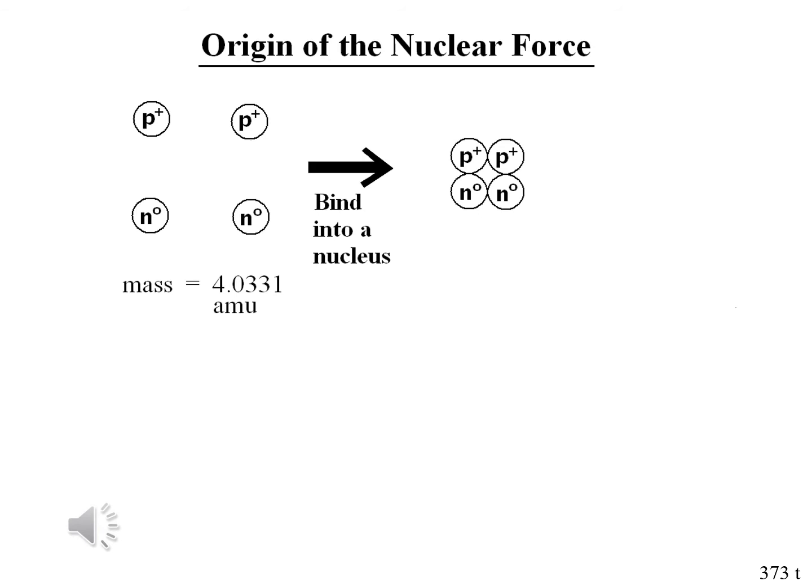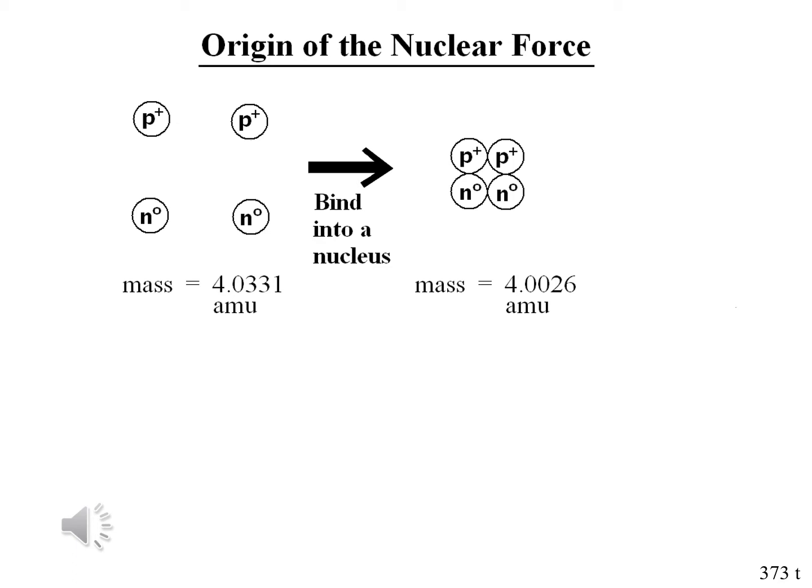Now, if you bind those particles together in a nucleus, you would expect them to weigh the same. Why would they weigh any different just because they're touching? But in a nucleus, that is not the case. When you put the particles together in a nucleus, they actually lose weight.